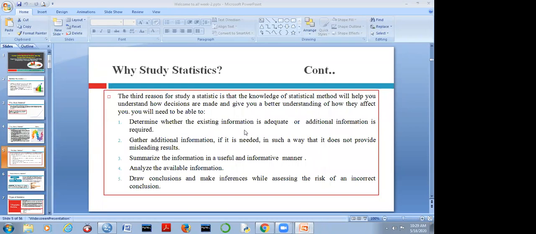Determine whether the existing information is adequate or additional information is required for any decision. For example, you want to take a decision. First of all, if you are a good statistician, you can understand the data in front of you. Is it complete and sufficient, or do I need more information before I take the decision?